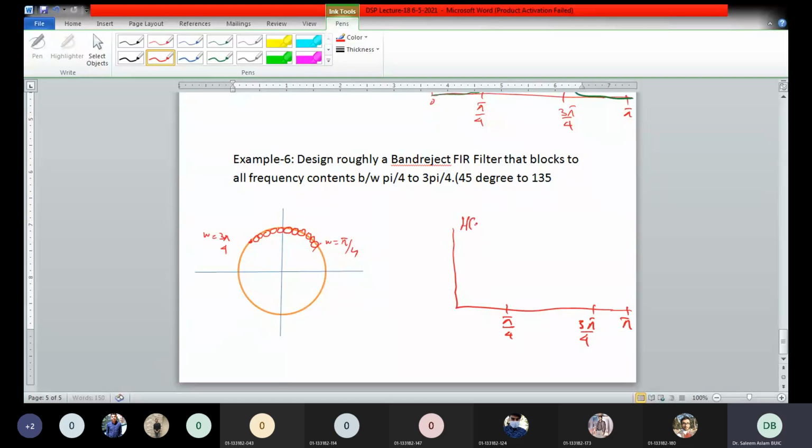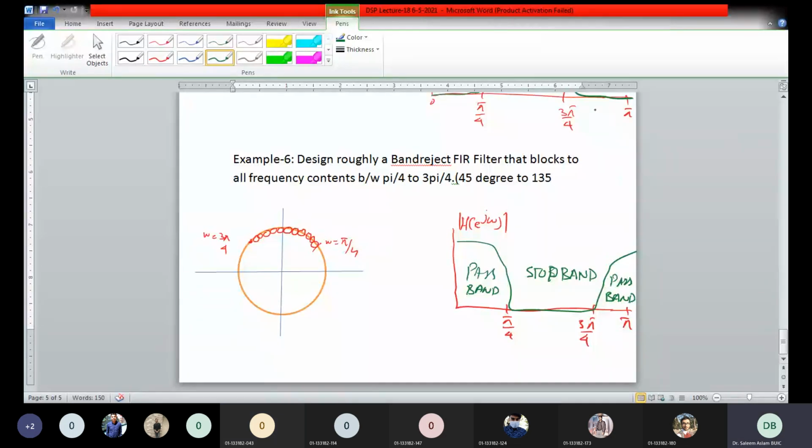This is H of e to the power j omega magnitude. So its response would be like this. This is stop band, and this is pass band, and this is pass band. Okay?